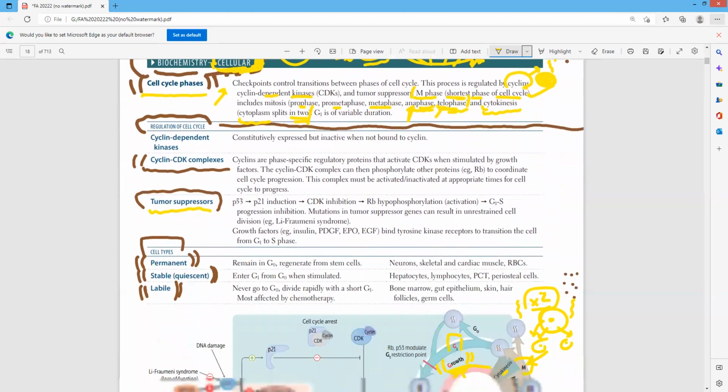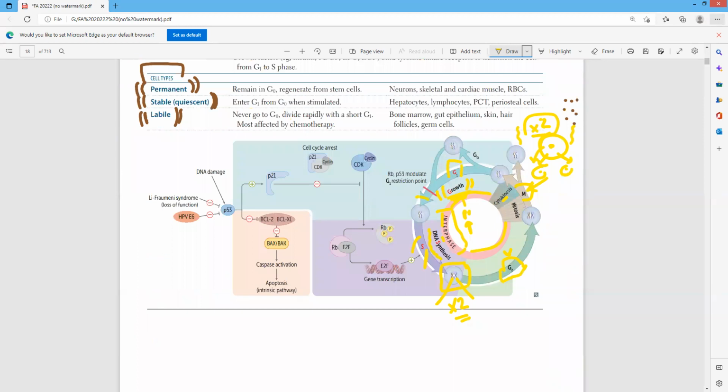See here, we have a checkpoint, which is called the G1/S checkpoint. To go to DNA synthesis, to duplicate it in preparation for mitosis and to prepare the cell to divide into two cells, you should pass the checkpoint.